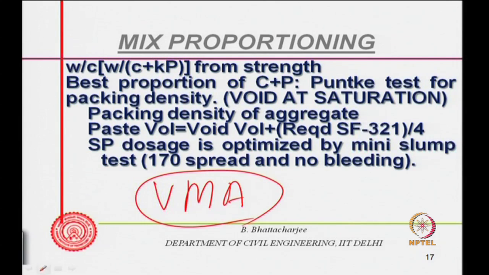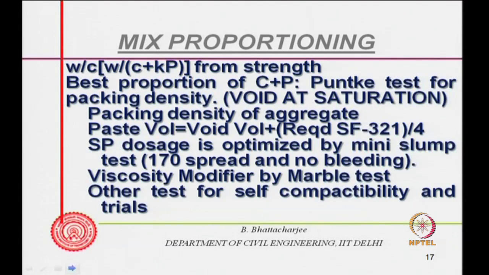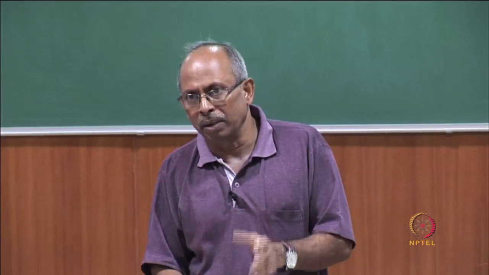How much quantity you want to use, and whether you want to use it at all, you can find out from the test called the marble test. There are other tests for self compactability, and then of course you have to do trials. So there are several tests, the U tests etc., you can also do in addition, and then do the trials to see that it is self compacting.